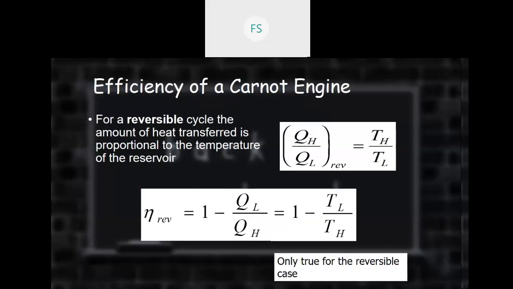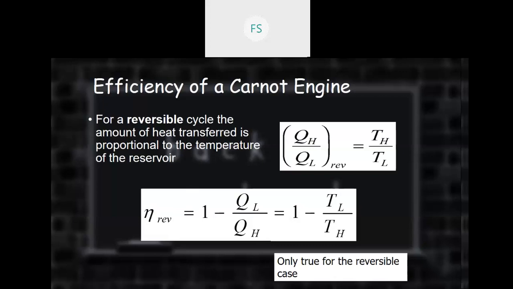Okay, next, in order to determine the efficiency of the Carnot heat engine, we have to apply this concept of proportionality to the temperature. For a reversible cycle, the ideal cycle, the amount of heat transferred is proportional to the temperature of the reservoir, where the ratio of QH and QL is equal to the ratio of the temperatures TH and TL.